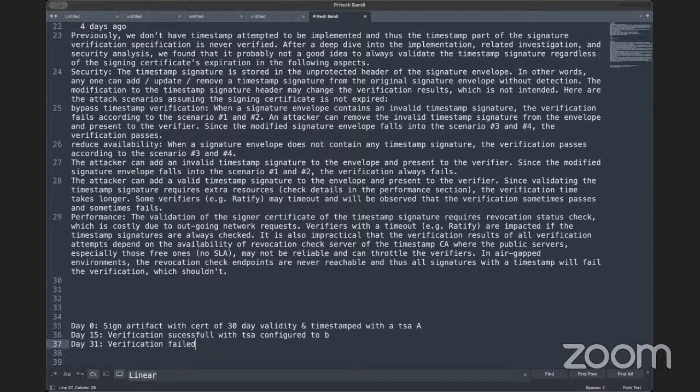But as you know, most of the time those signing certificates live longer, like one year. There are systems where you don't make changes for a year, and there would be an outage on, say, the 366th day of signing.